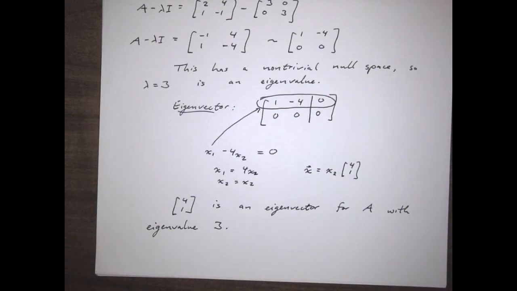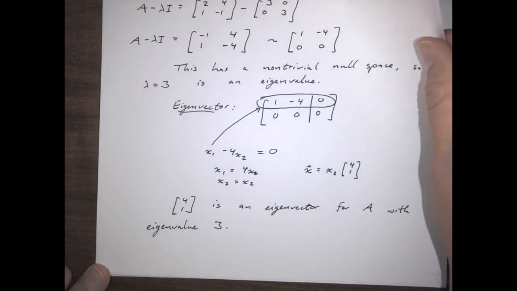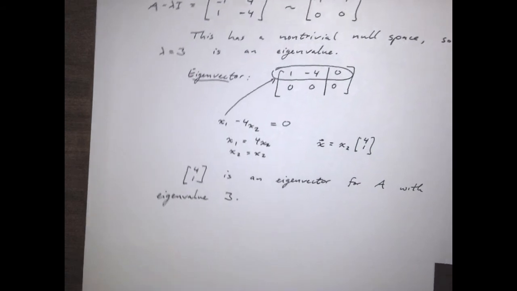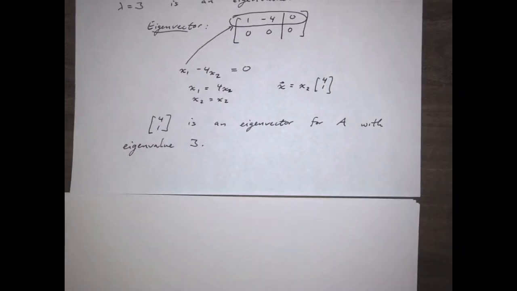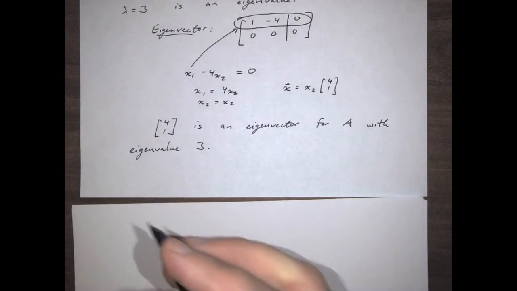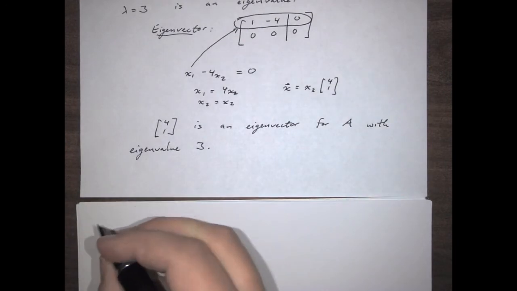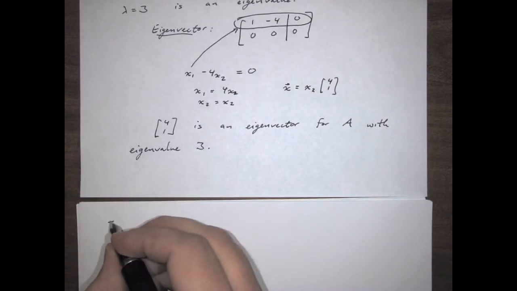All right. What would it have looked like if what we were looking at was not an eigenvalue? So let's repeat this, but now let's change things. Another example.